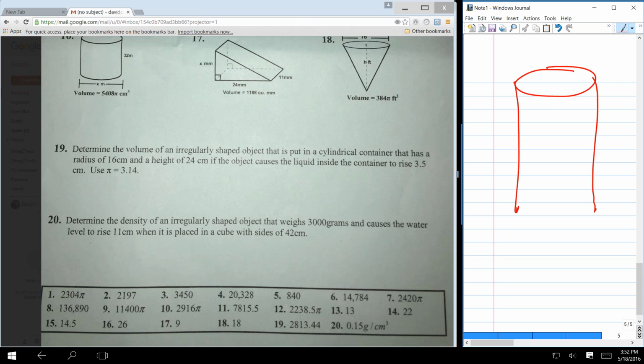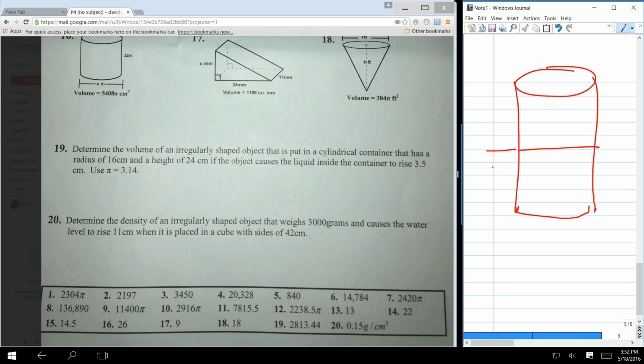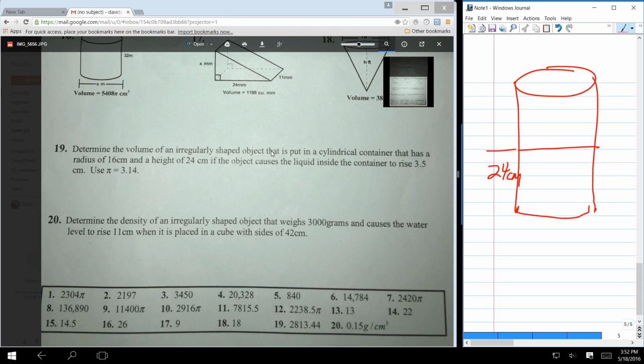Here's our cylindrical container. Right now, the height of the water is 24 centimeters. When you drop this irregularly shaped object into it, and the radius is 16, it causes the water to rise by 3.5 centimeters.